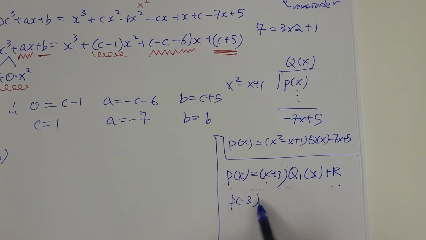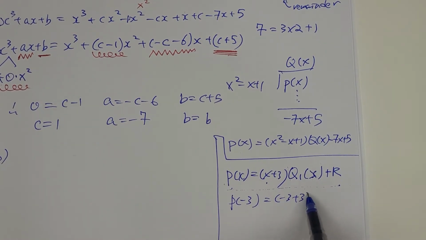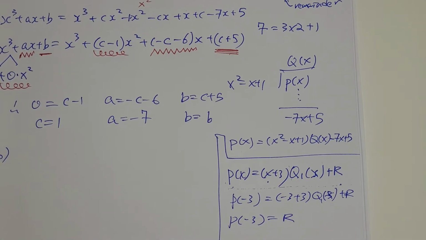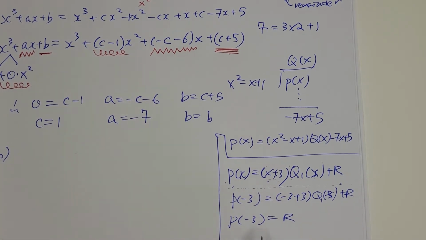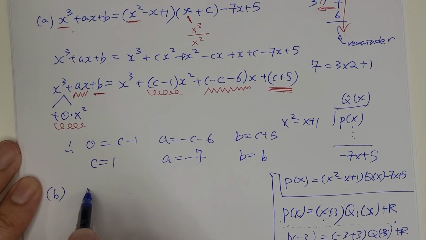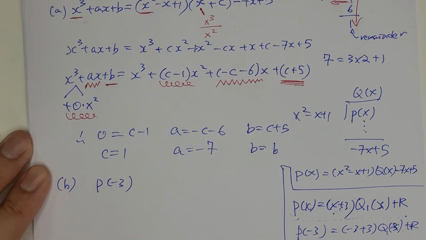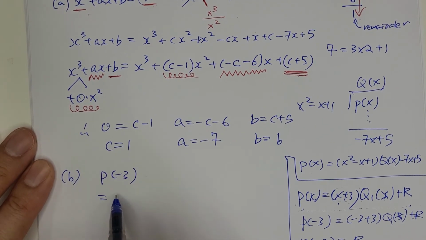So when you put x equals negative 3, you will get the remainder R, because negative 3 plus 3 equals 0. That's why we sometimes set x plus 3, the divisor, to be 0 and try to find out the value of x. So what you need to do is calculate P(negative 3) and see whether it is equal to 0.